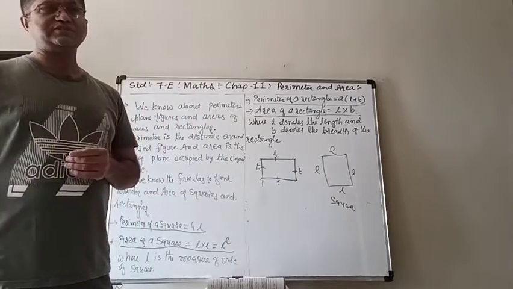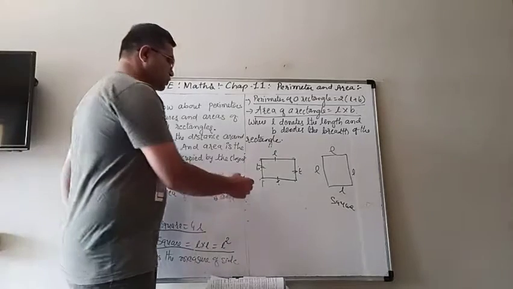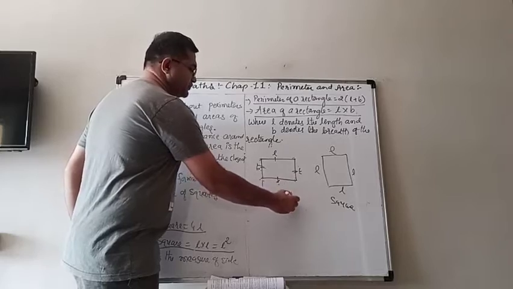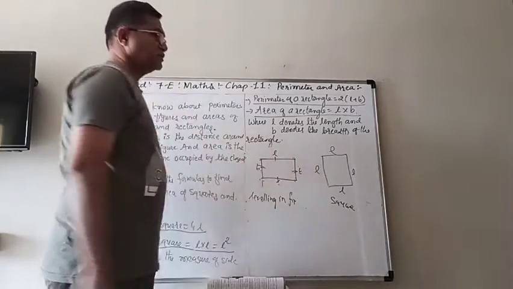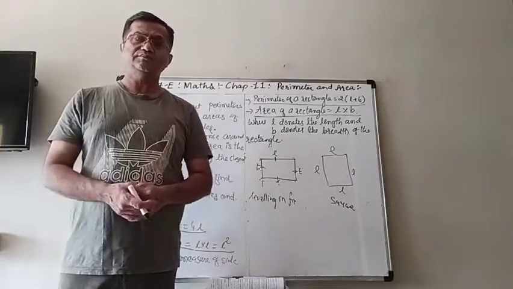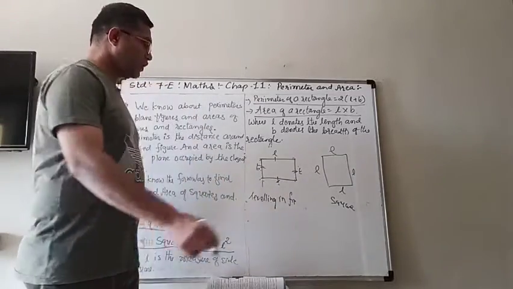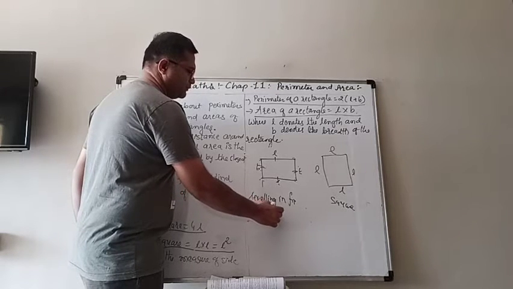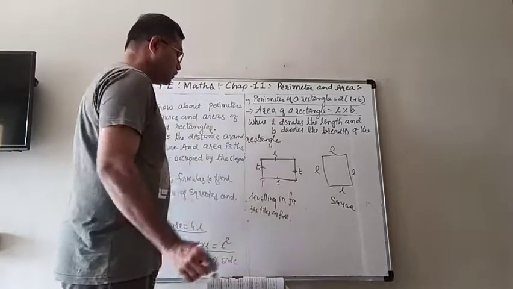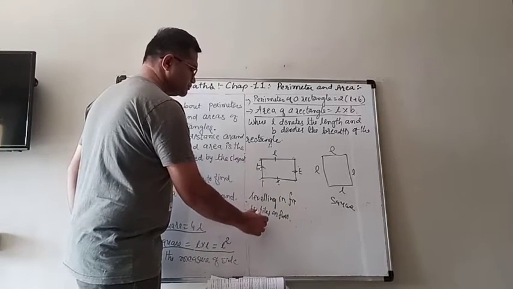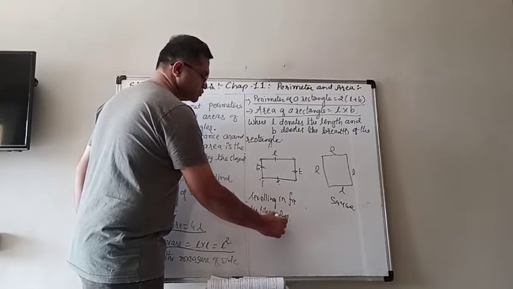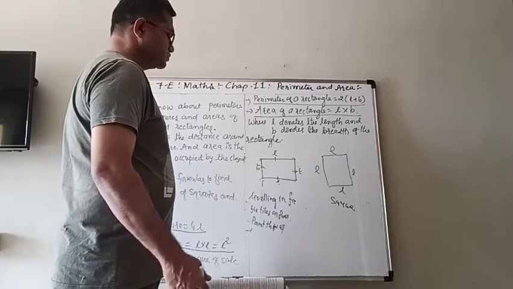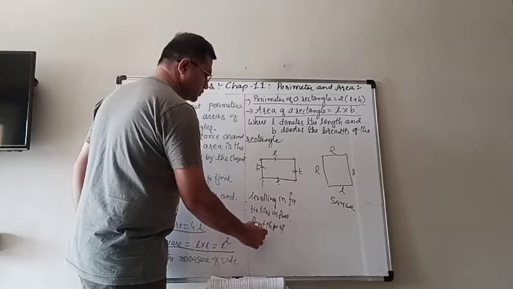So whatever you have to do on the boundaries, you have to find the perimeter. Think about other situations, such as leveling the field. Leveling means the place is up and down, so you want to make it level. Or you want to fix tiles on the floor. Or you want to paint the wall. Or something like you want to polish the floor.